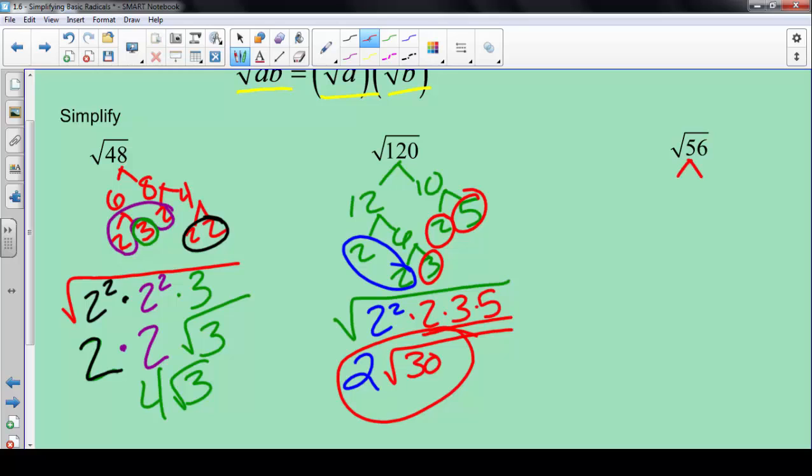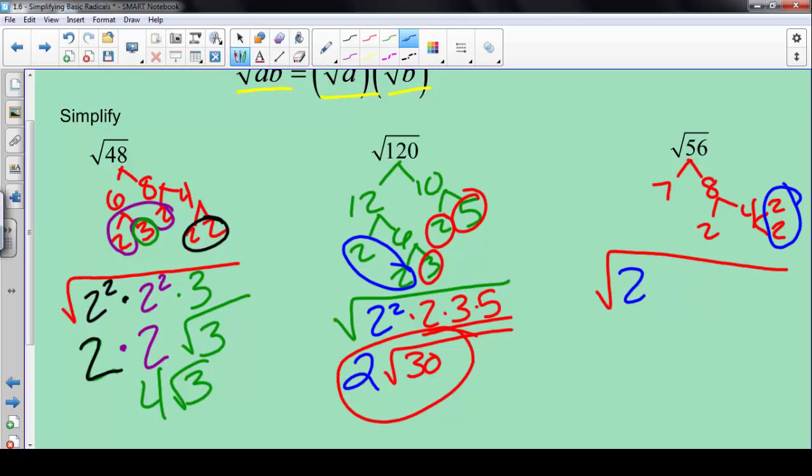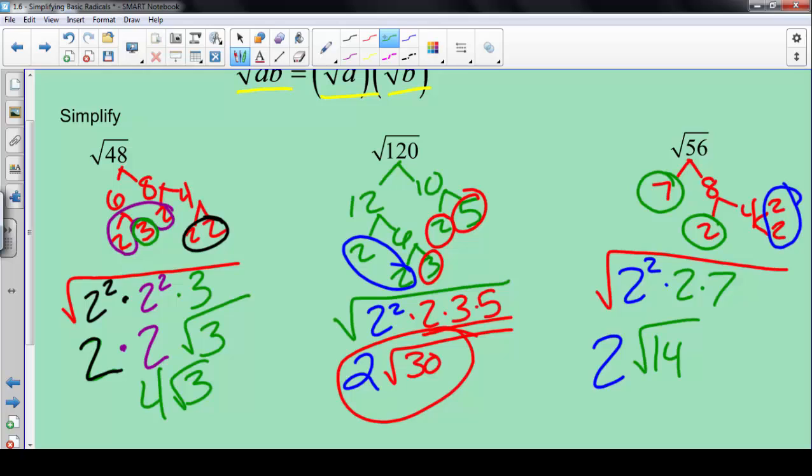(56), start with our factor tree. We've got a pair of 2's, then a 2 and a 7 that are by themselves, so square root of 14.